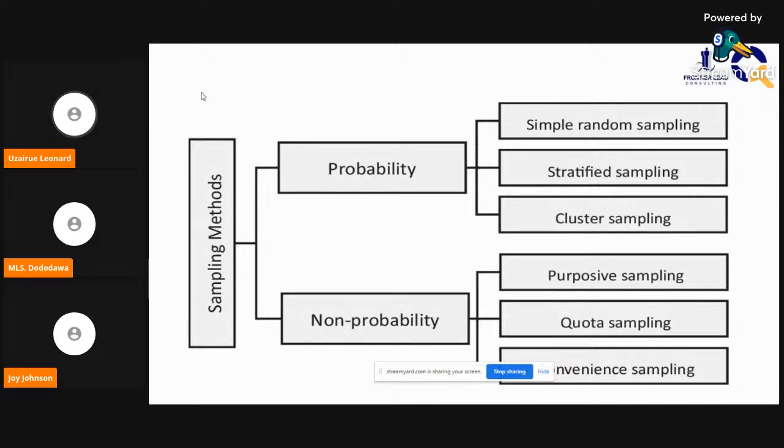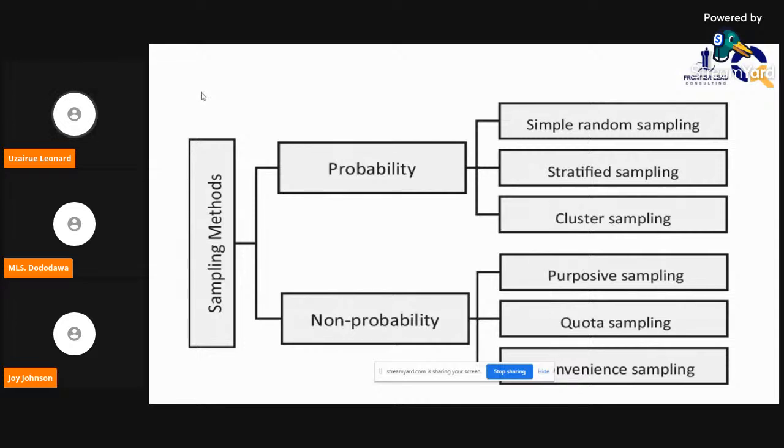Because the sampling is biased, automatically the inference you are going to draw will also be biased. So you cannot generalize the outcome of your findings in that research to the general population because of the high level of bias that the sampling method was prone to.